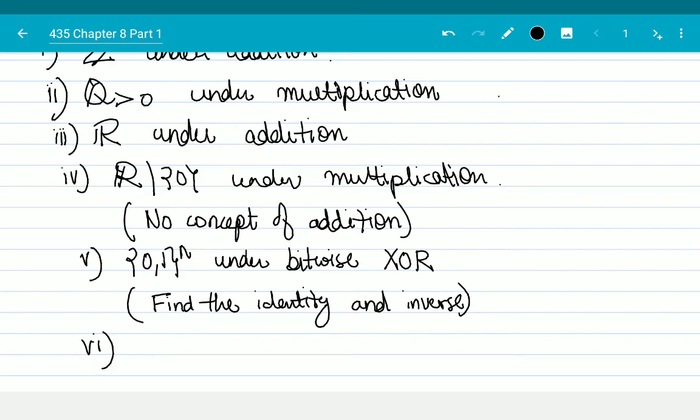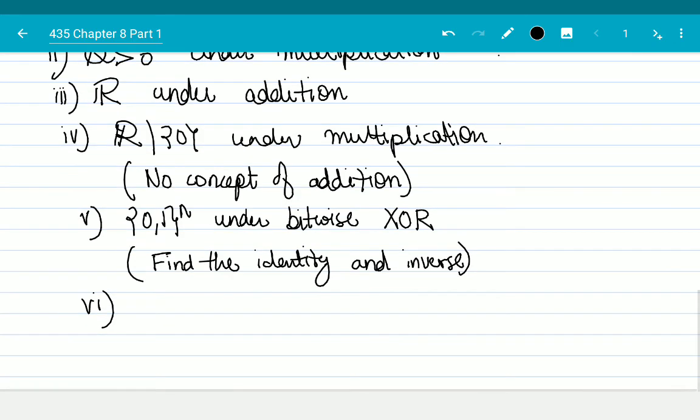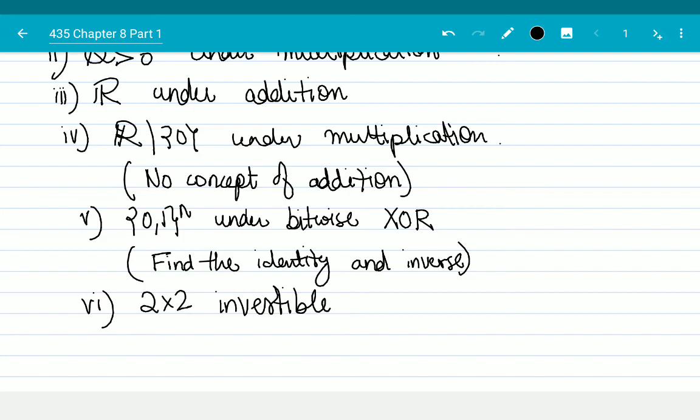And for example, a harder group that you have seen but didn't realize is 2 by 2 invertible matrices. Okay?